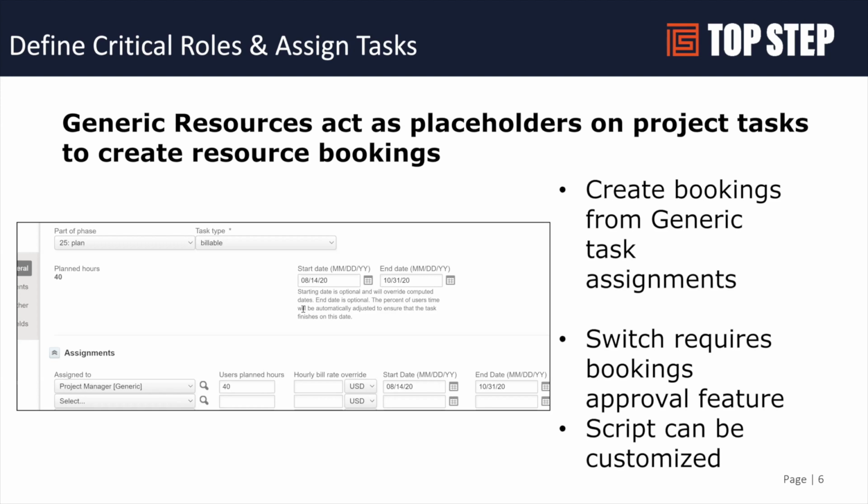The benefit here is you don't have to double dip and recreate the initial plan inside the resource module after it's already been created in the project. So this could be a nice way to add a little automation, less double entry, and create a more seamless process between the initial project setup and the request for resources.